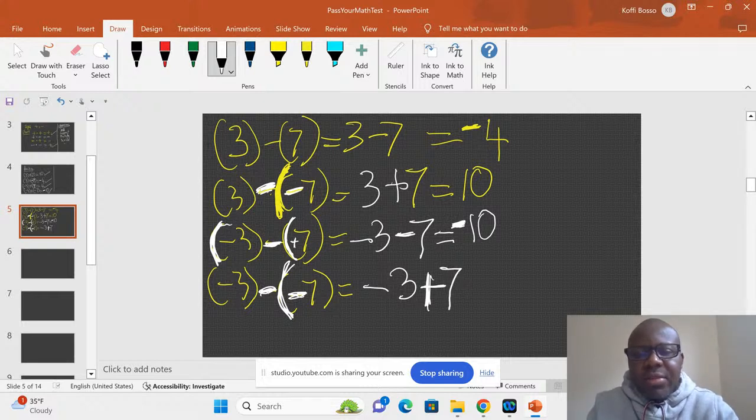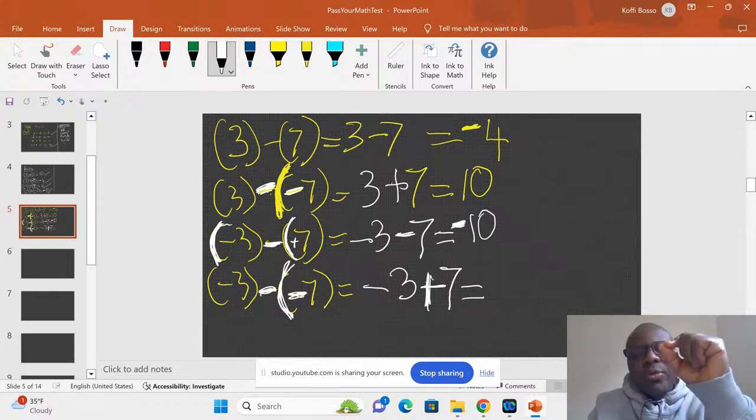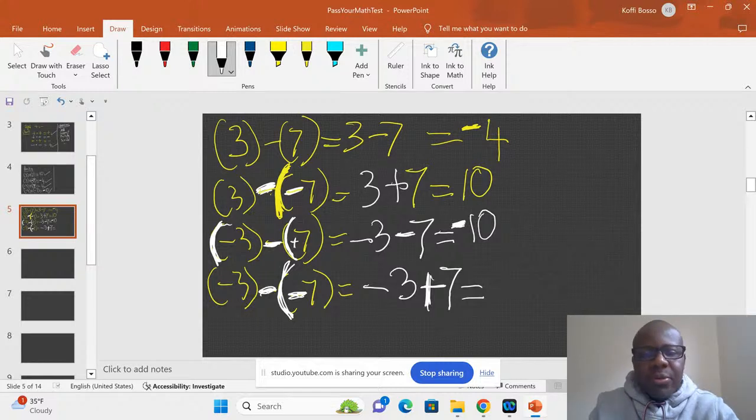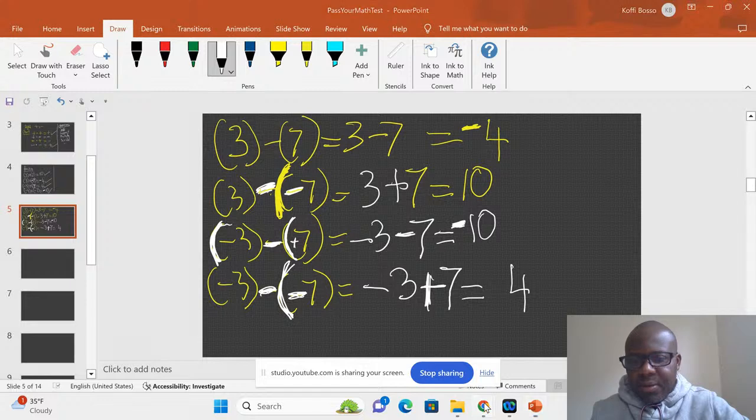So I have negative 3 plus 7. I remember again, I'm combining two numbers with a different sign. So I take the small number from the larger number, and I keep the sign from the large number. I get 4 if I take 3 from 7, and the 7 here is positive, which is the larger number. So I keep that sign for my answer. So it's positive 4. That's what you have to understand.